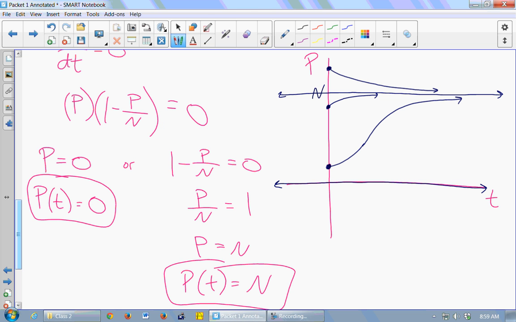So at this point, we haven't taken into account any sort of negative reasons that the population might not thrive. All we're looking at is how quickly it reproduces and how many members the environment can support. If we were looking at, say, predators, which we will in a minute, it might dip down below the carrying capacity.